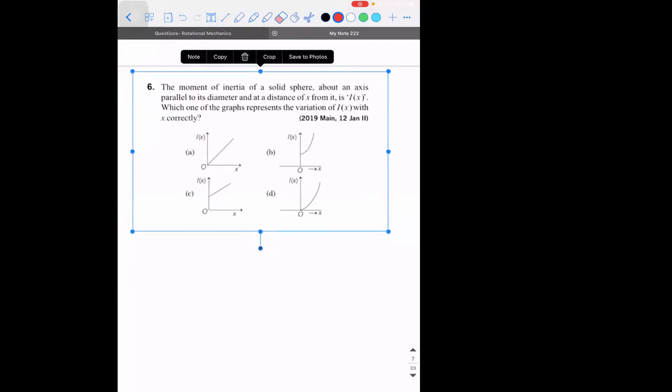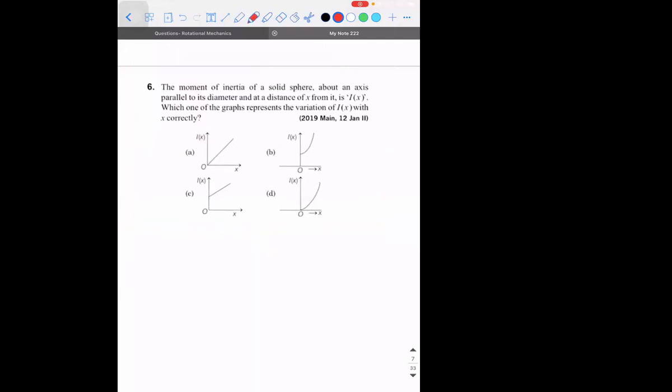What is the moment of inertia of a solid sphere about its center of mass, about its diameter? It is 2 by 5 m r square. So what will be the moment of inertia at a distance x, parallel axis? It will be 2 by 5 m r square plus m into x square. Accepted. So I is taken on the y-axis. This is what is I of x.